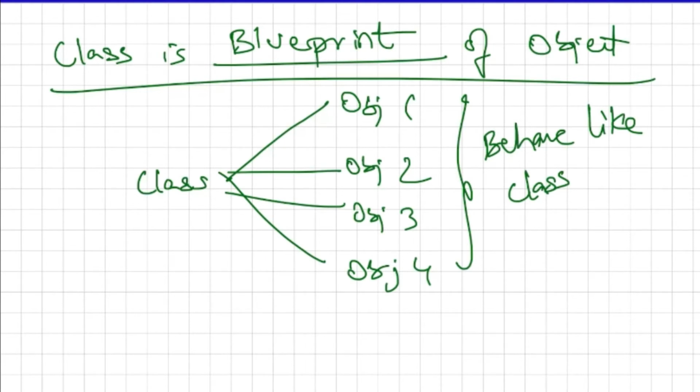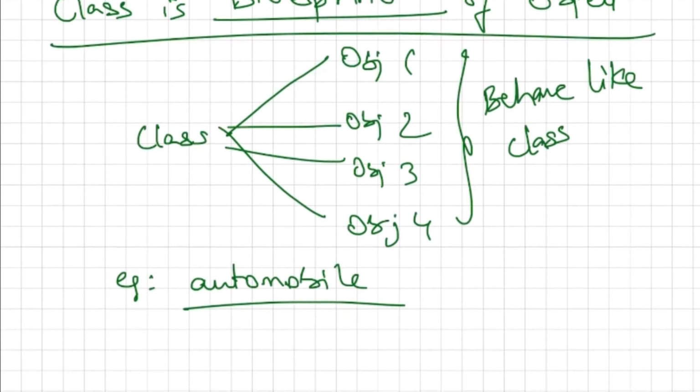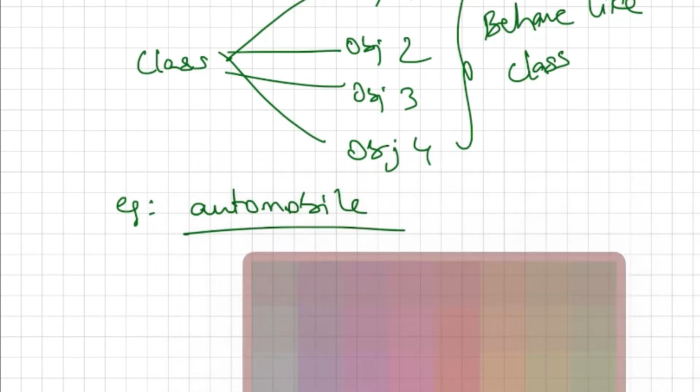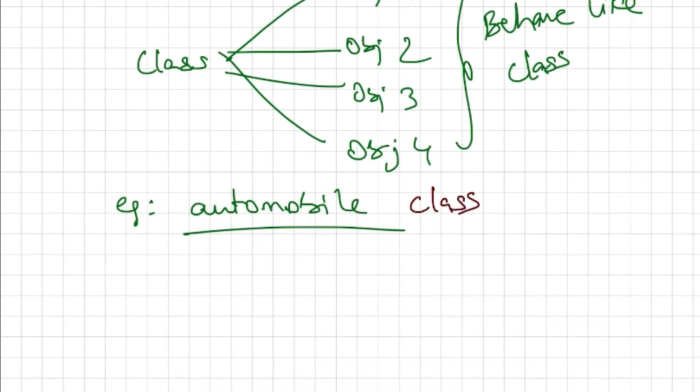So this time we take an example of automobile, which is a class. What are the objects inside it? This automobile class will have attributes and methods.